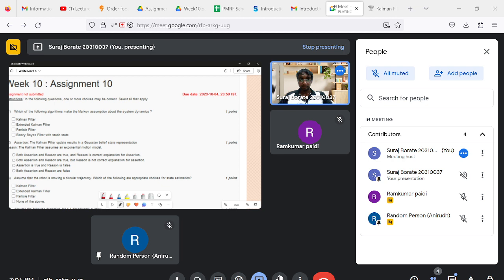The third question says to assume that the robot is moving in a circular trajectory. That means your robot will have certain dynamics, certain terms in its equations. The equation might look linear or non-linear, and depending on that you have to answer this question.